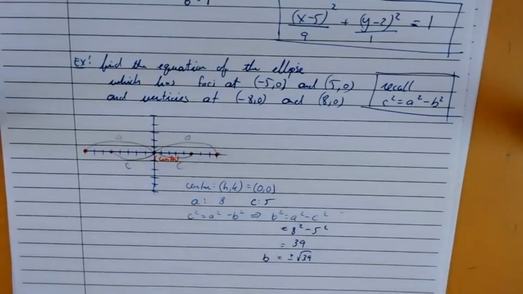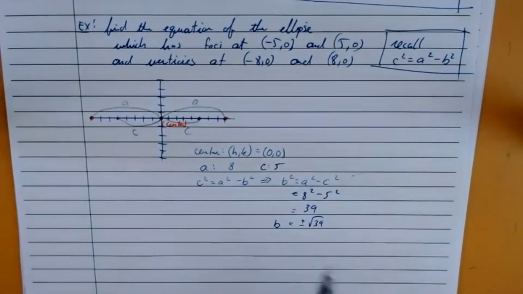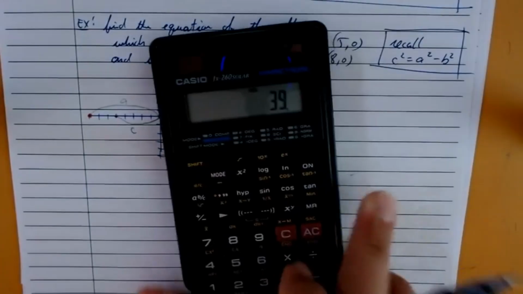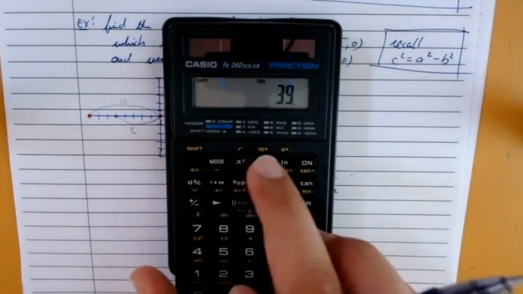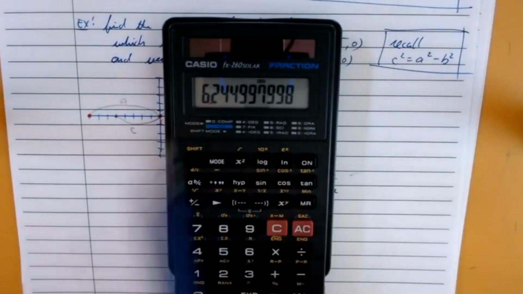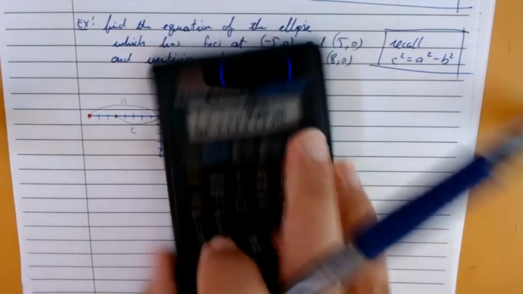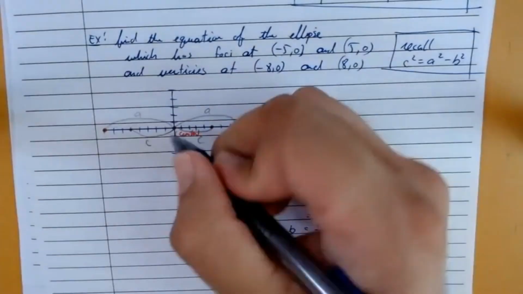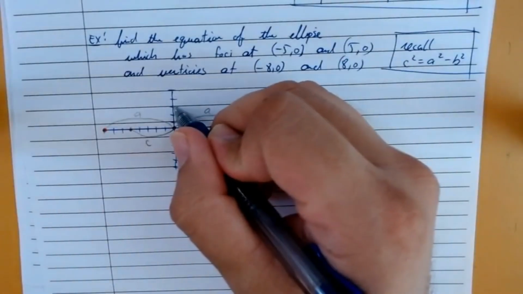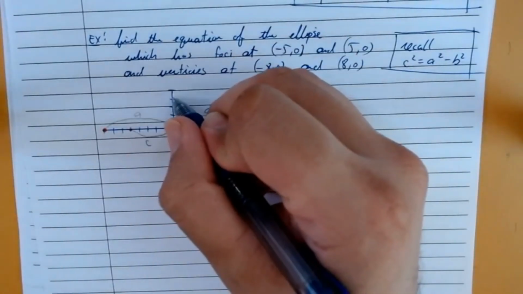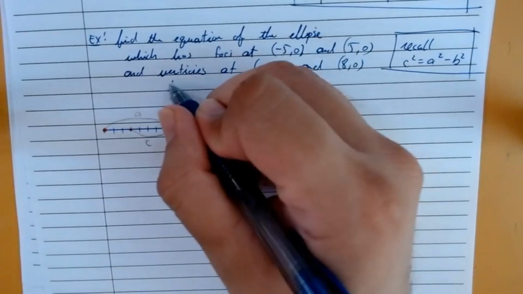Root of 39 is 6 point something, right? I know the root of 36 is 6, so the root of 39 must be slightly bigger than that. If I take 39 and take its square root, yeah, it's just a little bit bigger than 6. So 6.2-ish. 1, 2, 3, 4, 5, 6, and a bit.